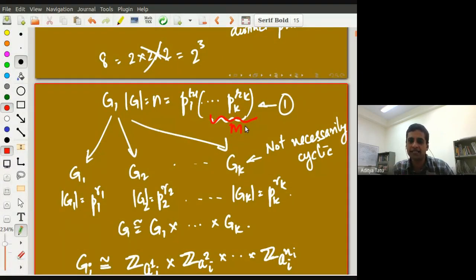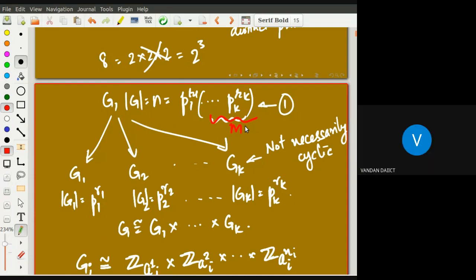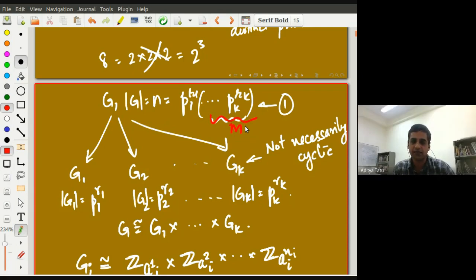What would be the next step? What do we do with m? We will recursively again divide m, exactly. So, induction. m itself is p2^r2 times ... times pk^rk.